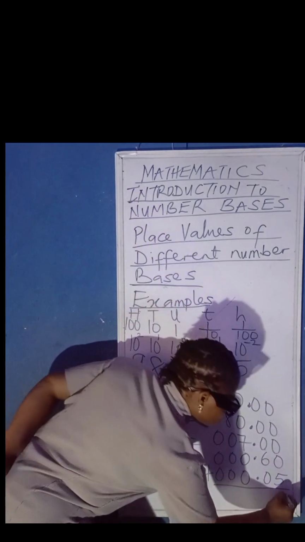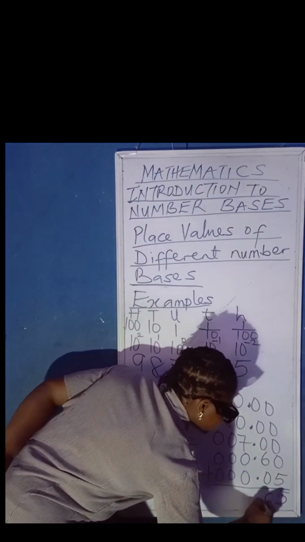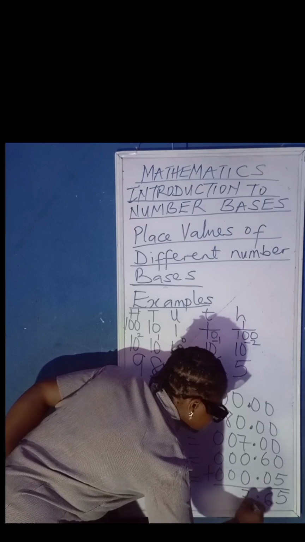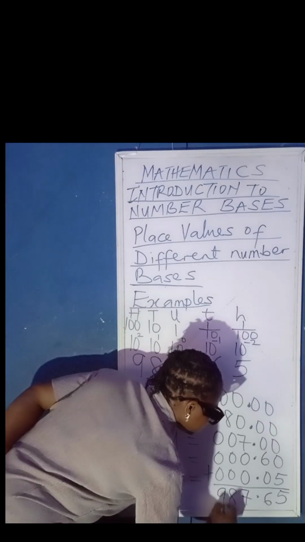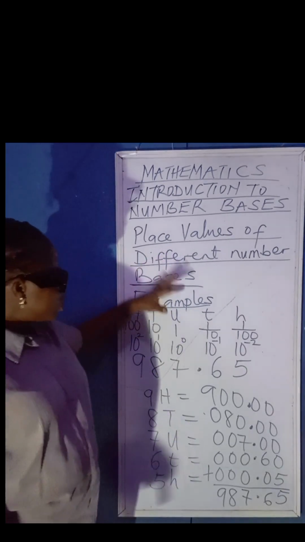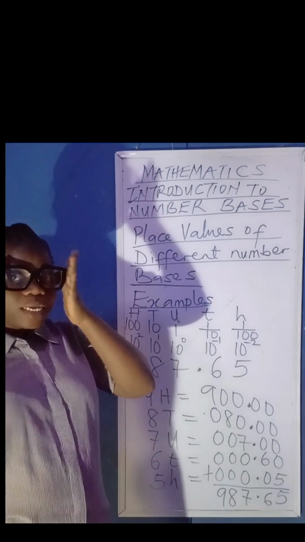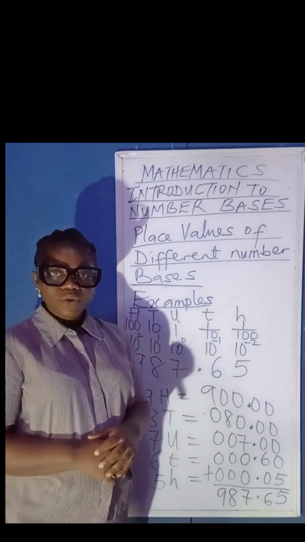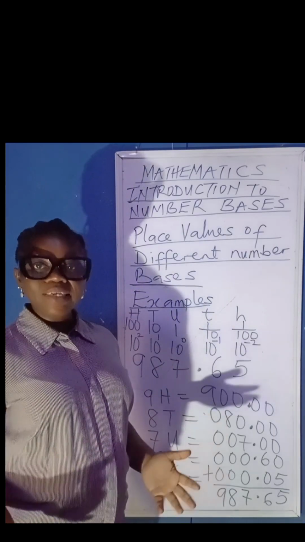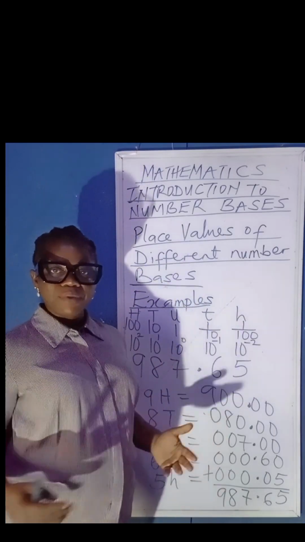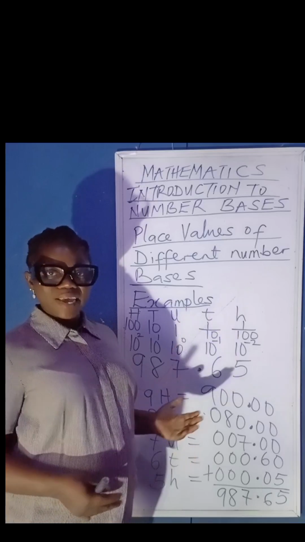When we add up, we are going back to where we started from, which is 987.65. It is with this same knowledge of place value in different number bases that we will be converting numbers in other bases to base 10.